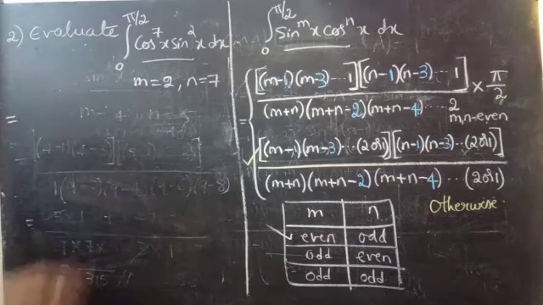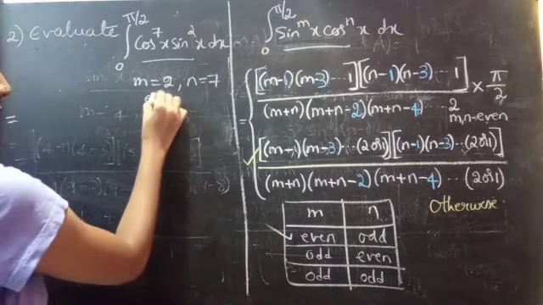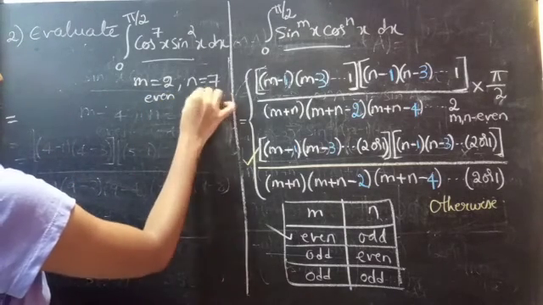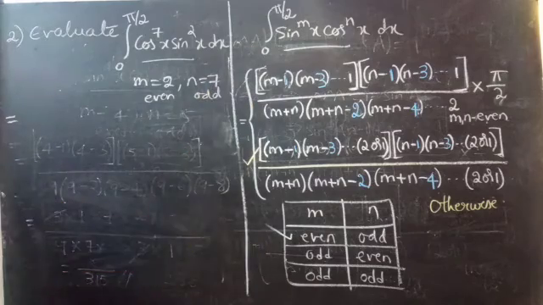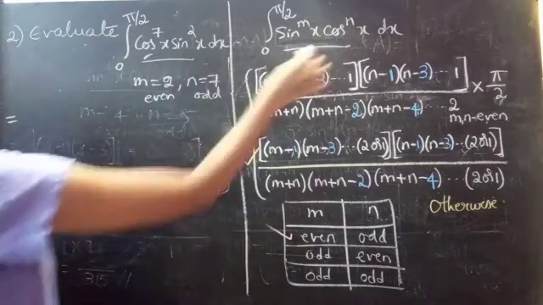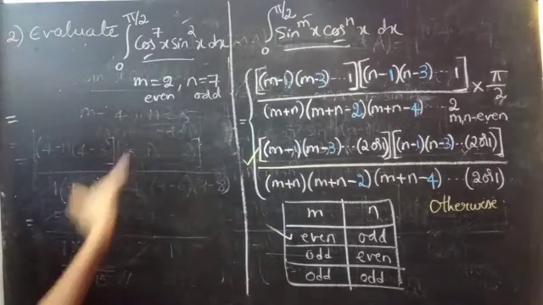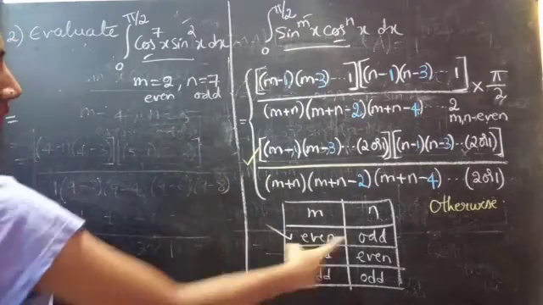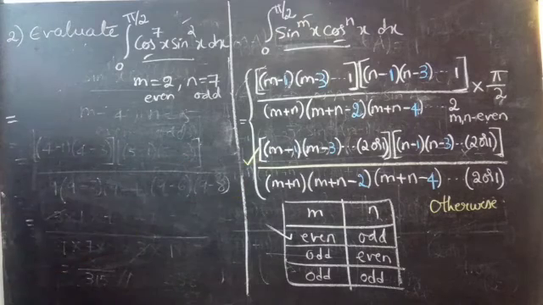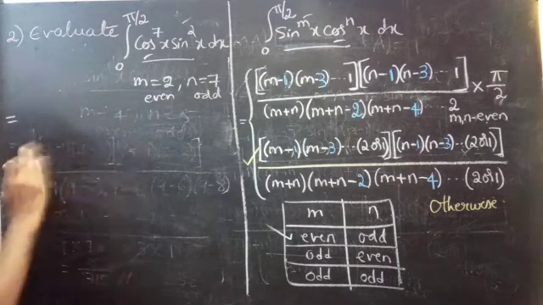Okay, that is m is even and n is odd. Again, you'll use the second formula.